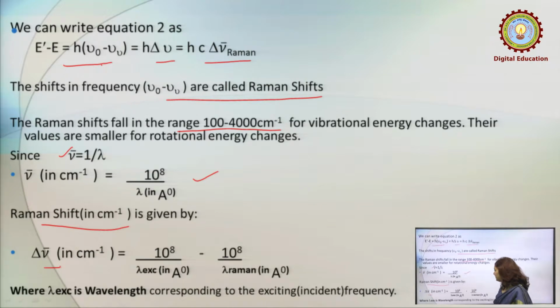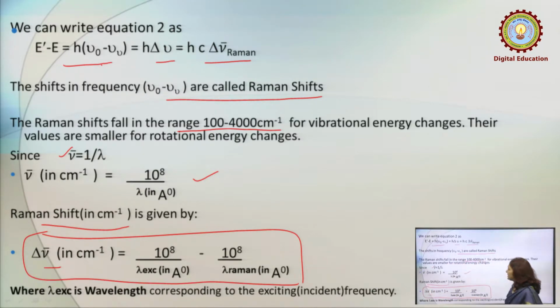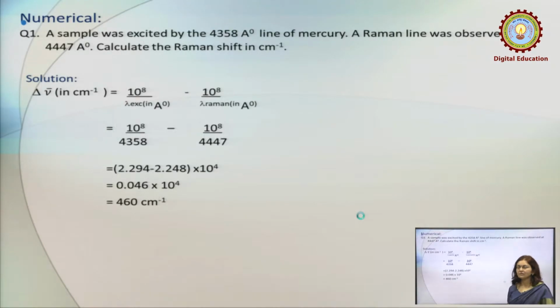With the help of this formula, we can calculate the Raman shift, where lambda is the excited wavelength corresponding to the exciting or incident frequency. With the help of this formula, we can easily calculate the numerical.